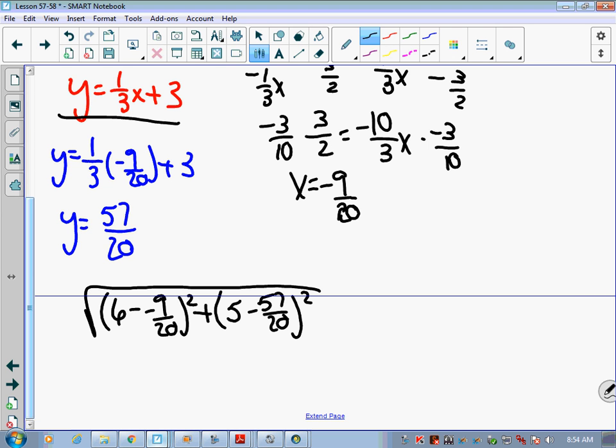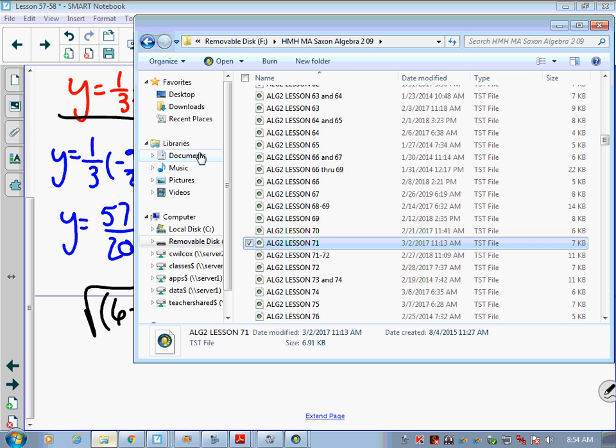I think I can probably plug all of this in our calculator in a single shot if I do it right, and it looks like my calculator is gone.